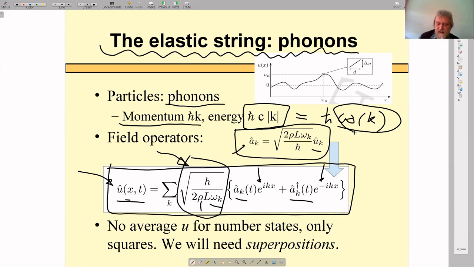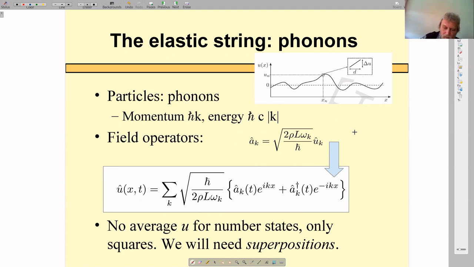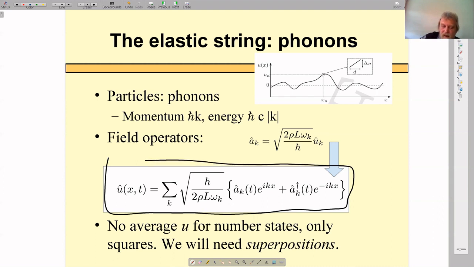I want to say something important at this stage. This expression for a field is a linear function of annihilation and creation operators. That's what we expected from the very beginning. Let us recognize a simple consequence of this.